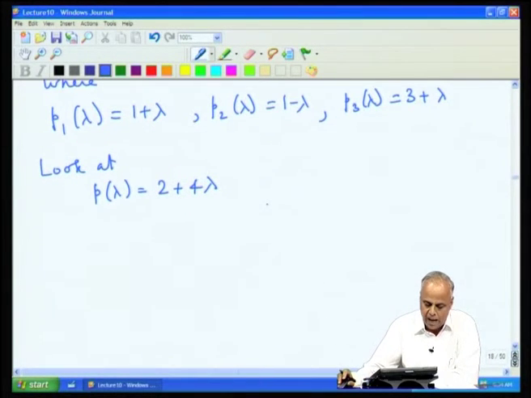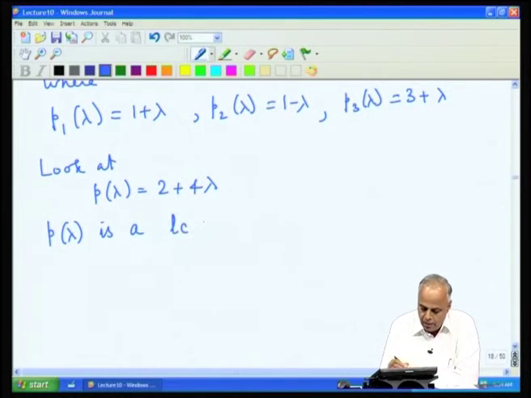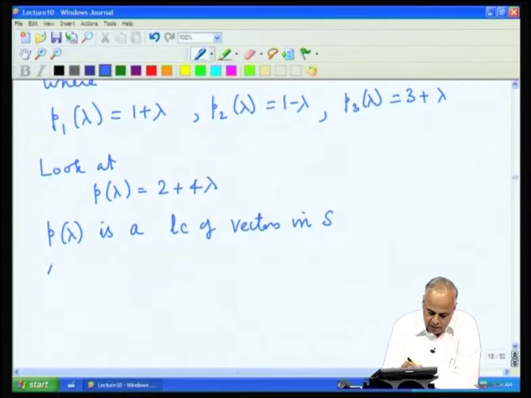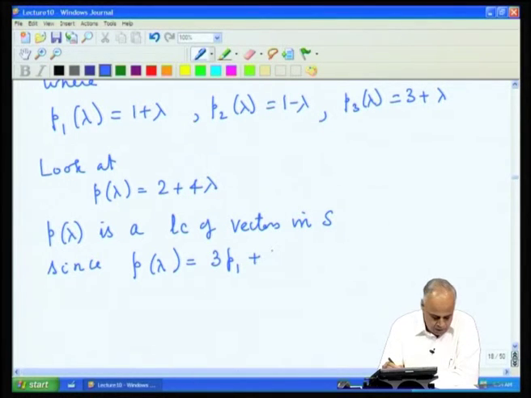2 plus 4 lambda, and P lambda is a linear combination of vectors in S, that is those polynomials in S. Again it is easy to check that P lambda is 3 P1 plus minus 1 into P2 plus 0 times P3.